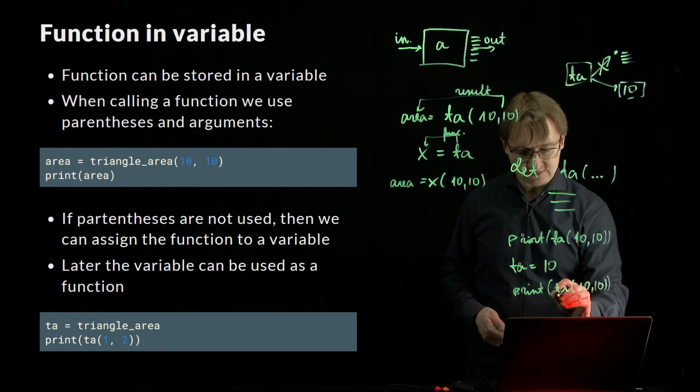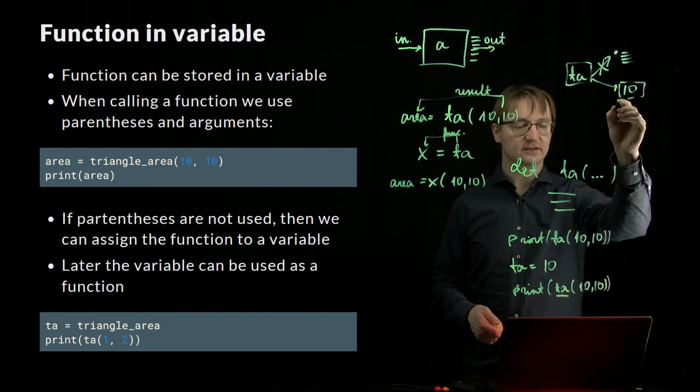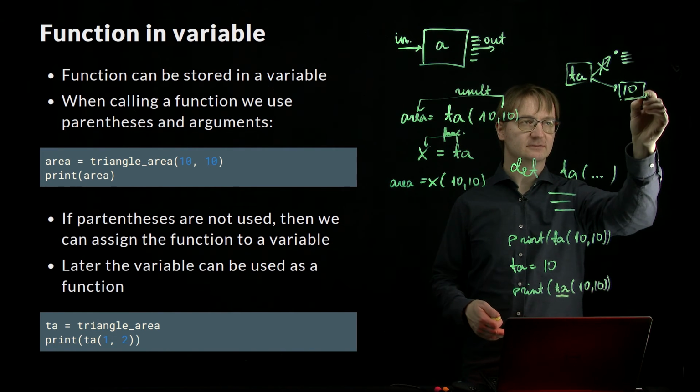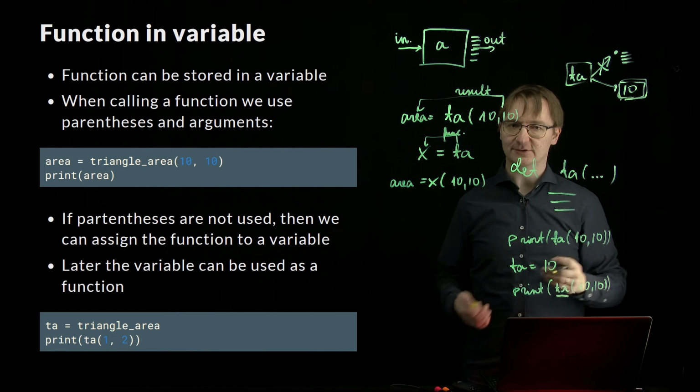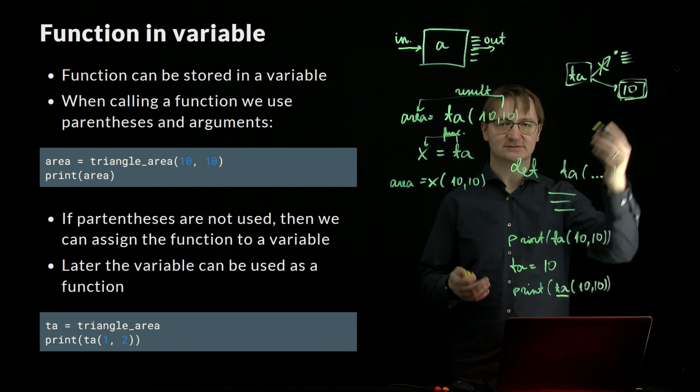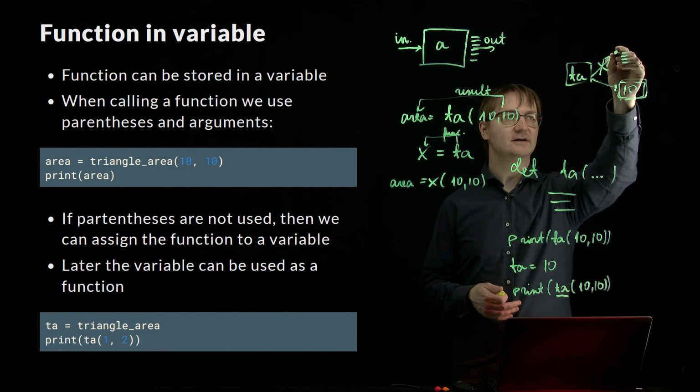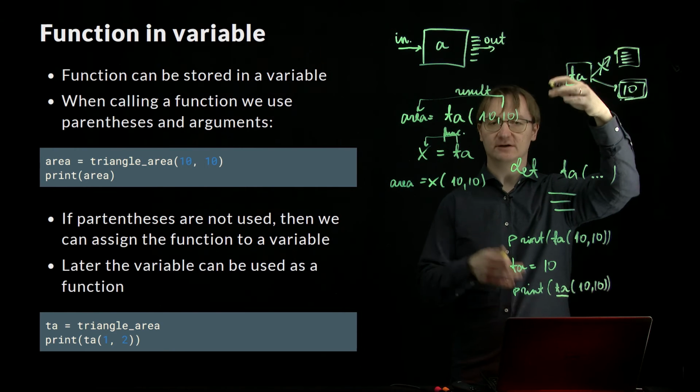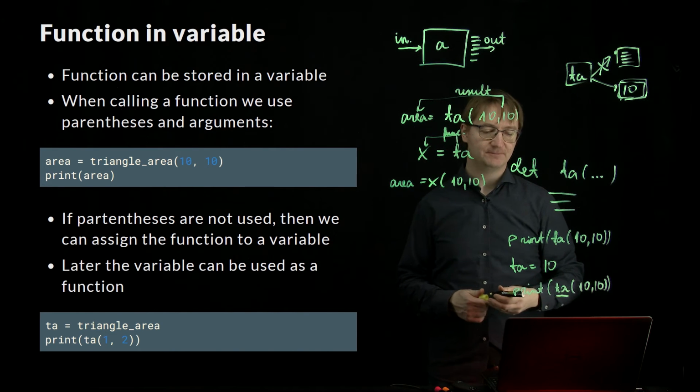So first it finds out that dA is here, and now it tries to call this function or this value. But because it's just a number, you cannot call it. But here there was a specification of how to run this function.